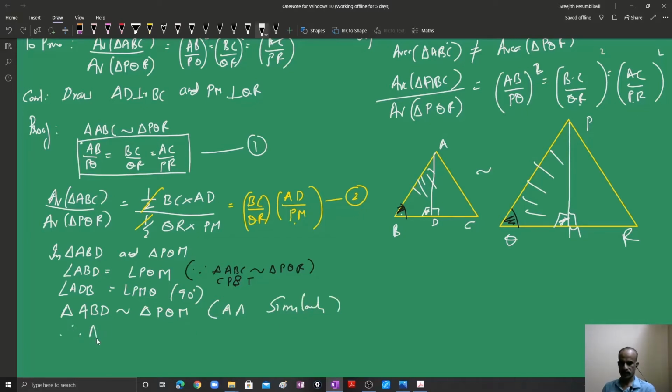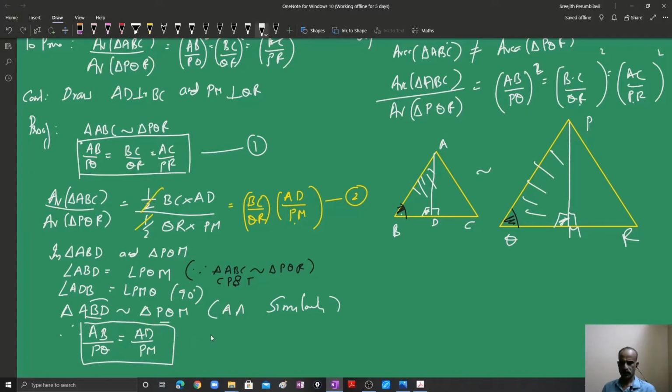Therefore, I can say that AB by PQ is same as AD by PM.